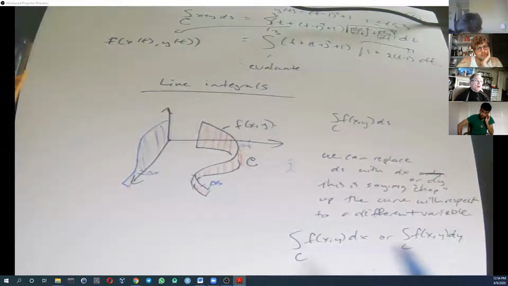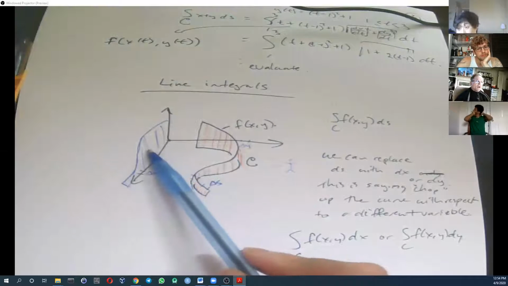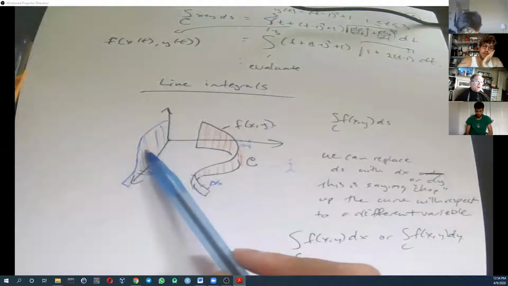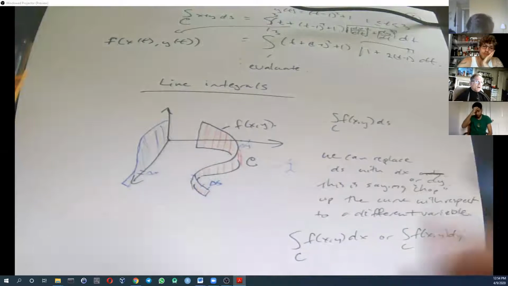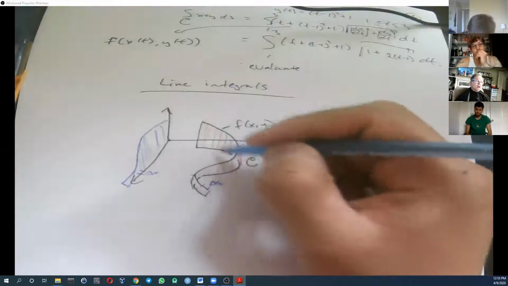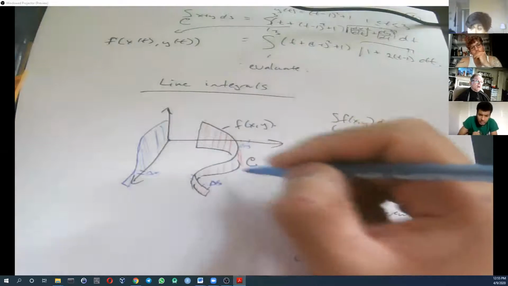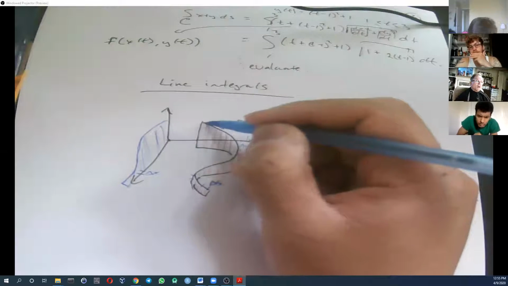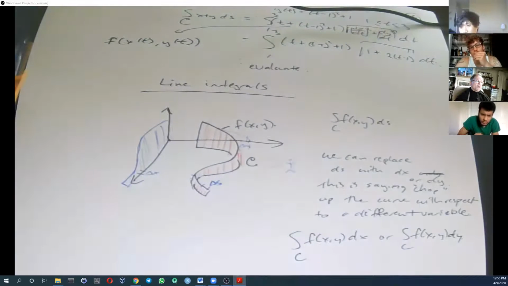So this integral right here represents this area. If I were to do the same thing for y, it would look a little harder because this picture is kind of in the way, and it goes a little back and forth. So there's some cutting in between. So it'd be something like this. Okay. Does that make sense?